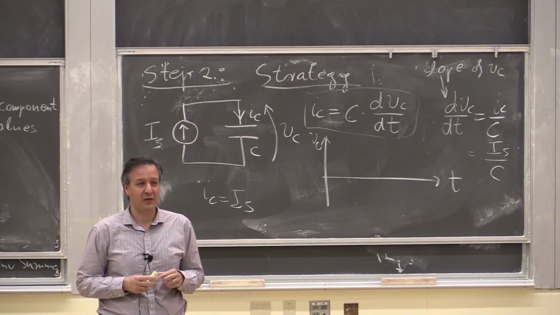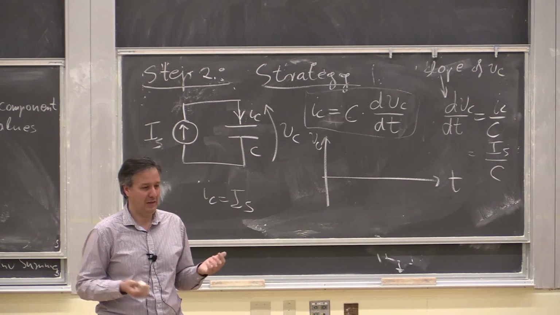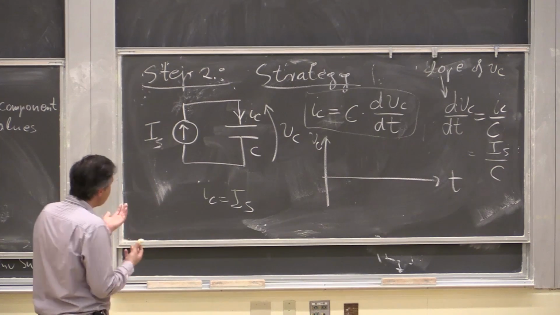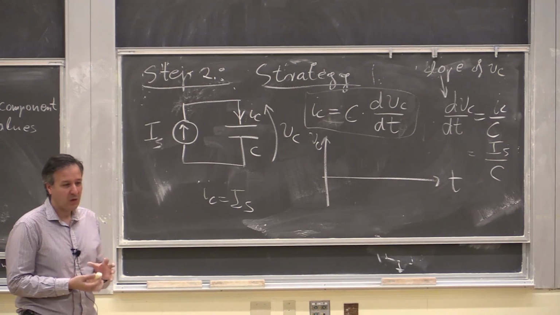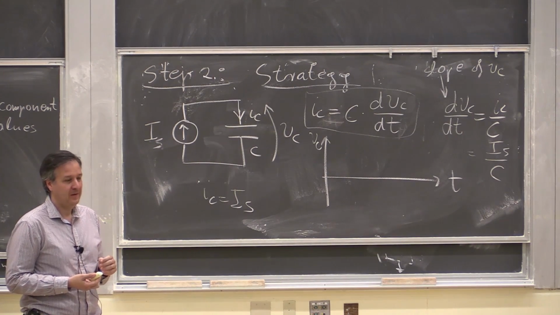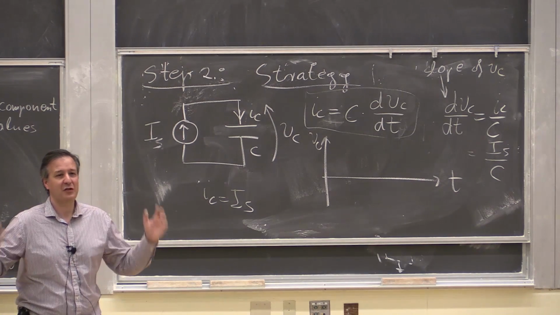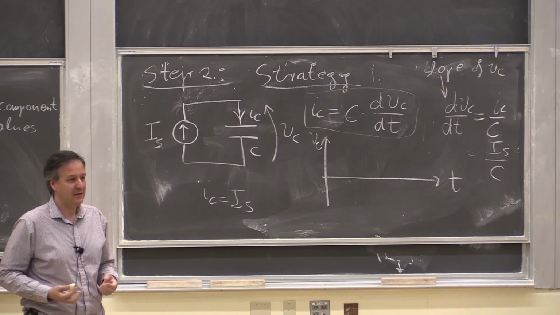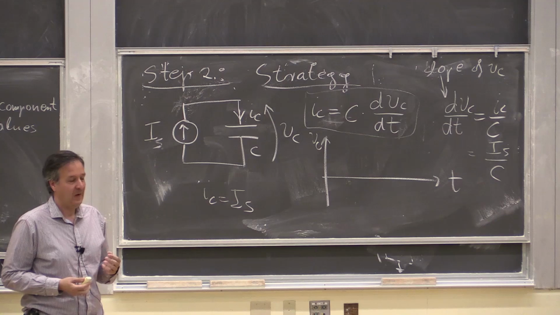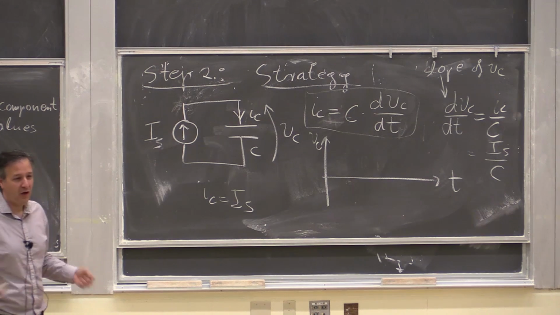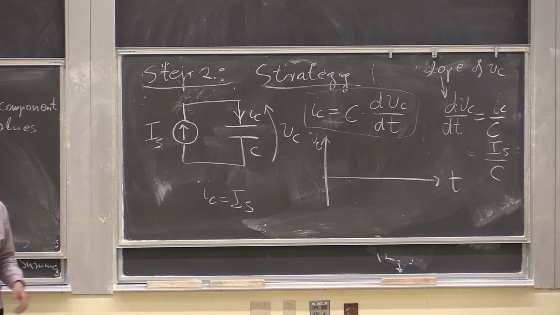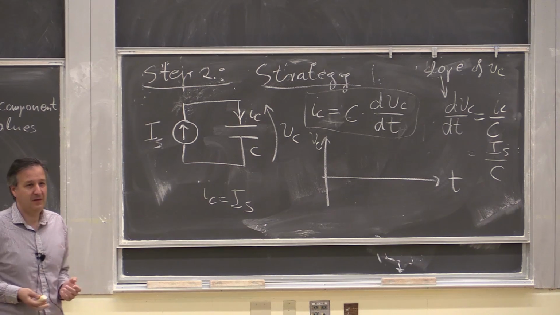Okay, this is a great question. Here we have a dilemma. This is only a small capacitor with some value C. Maybe not small, maybe it's big, but it's a finite capacitance. And here we are dumping all this charge on it all the time. What happens? Does it explode?